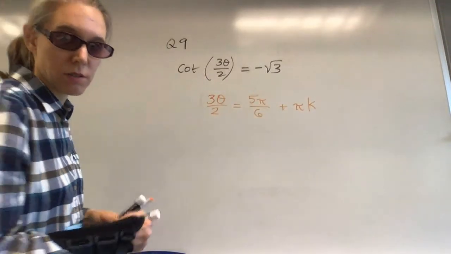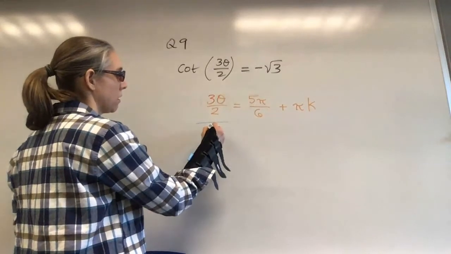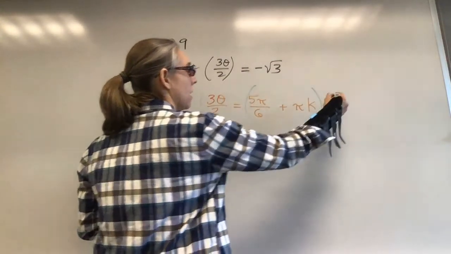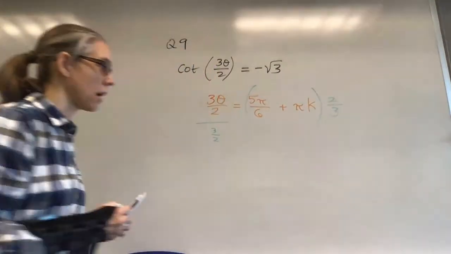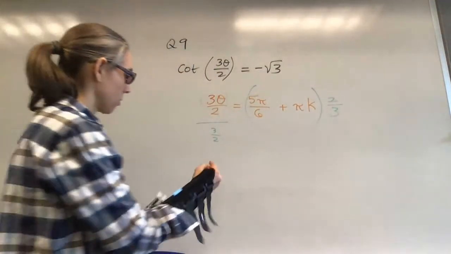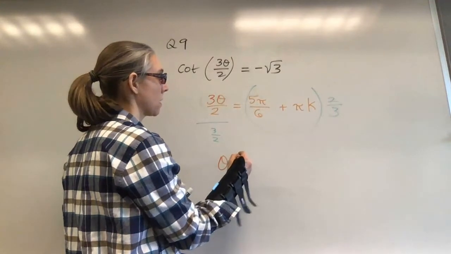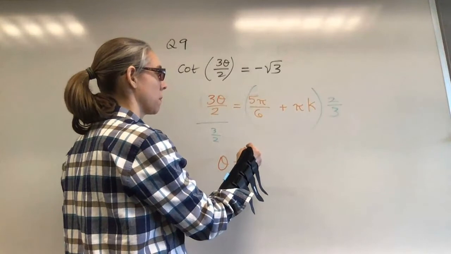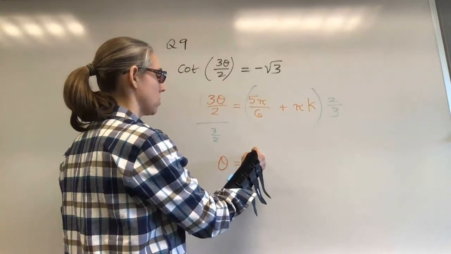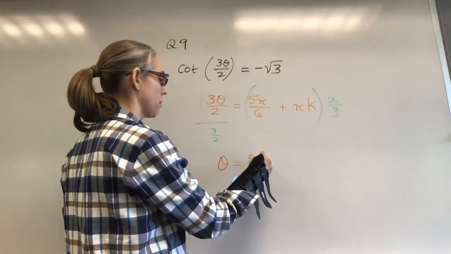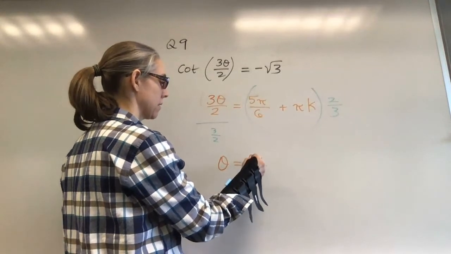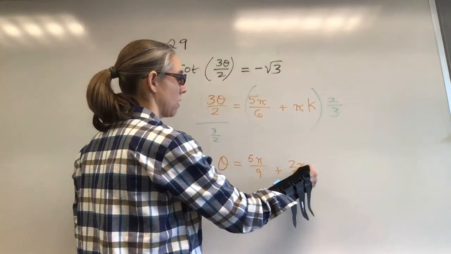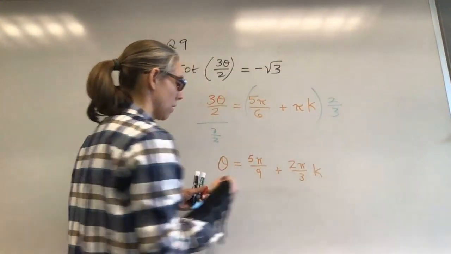So now we just need to divide both sides by 3/2, which of course would be the same thing as multiplying both sides by 2/3, and the result is that theta is equal to 10 pi over 18, which is 5 pi over 9 plus 2 pi over 3 k.